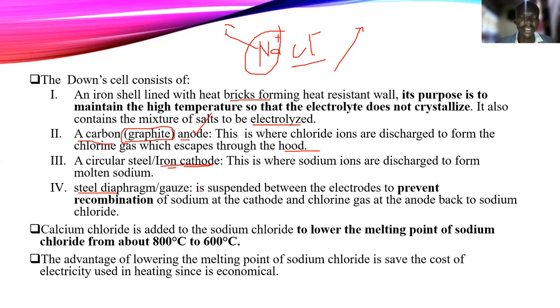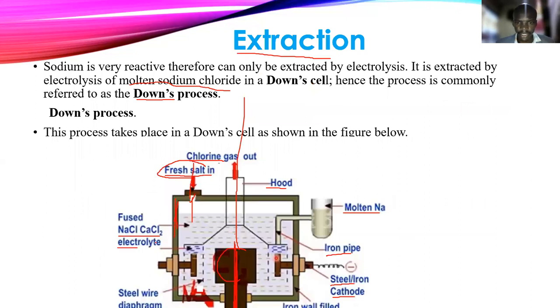Then we have the steel diaphragm or steel gauze. This one also is the anode, which is made up of the iron or steel. Sorry, not graphite, but iron or steel. That is that.